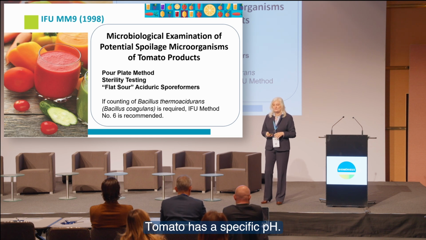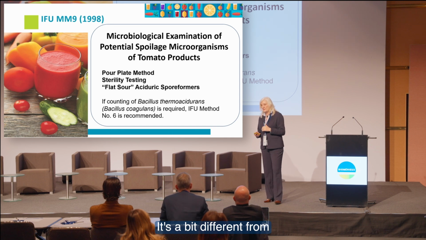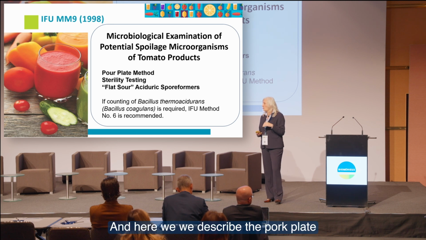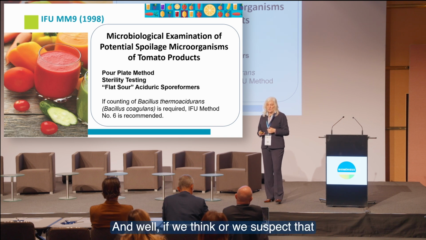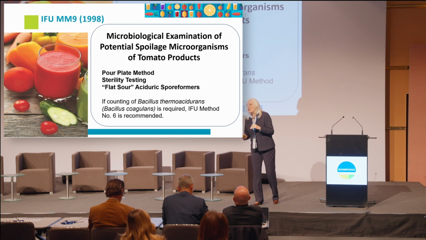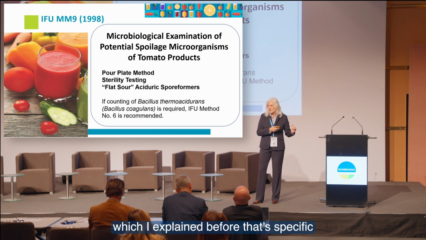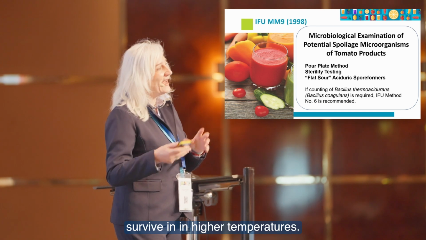Then we have number 9, which is specific for tomato juice. Tomato has a specific pH. It's different from the regular juices. And here we describe the pour plate method, the sterility testing, and if we suspect that there might be a thermoacidurans bacillus, then it's better to go to number 6, which I explained before, that's specific for bacteria that are likely to survive in higher temperatures.